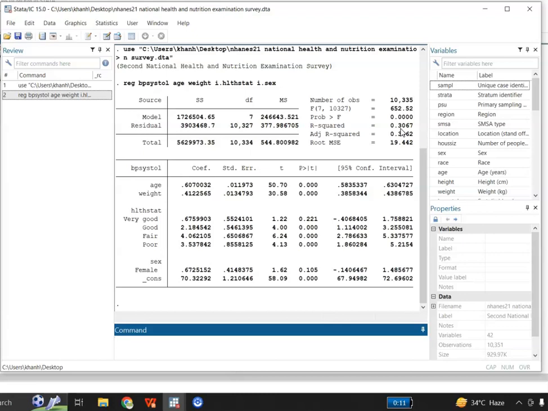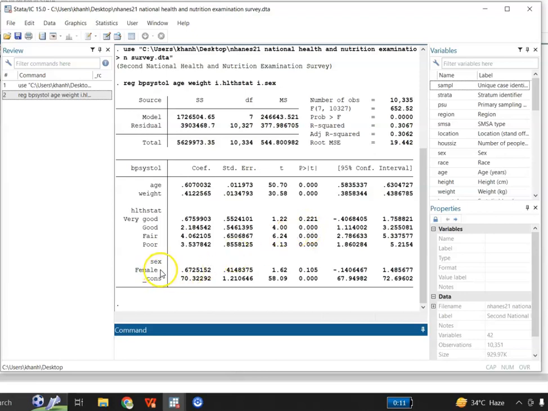So 31% of the variation in systolic blood pressure is explained by these four variables. Then adjusted R-squared, and these are the coefficients for the two continuous variables, and both of them are significant. Then we have 4 categories for health, and excellent health state has been taken as the base category, and out of these 4 categories, 3 are statistically significant, they are different from 0.